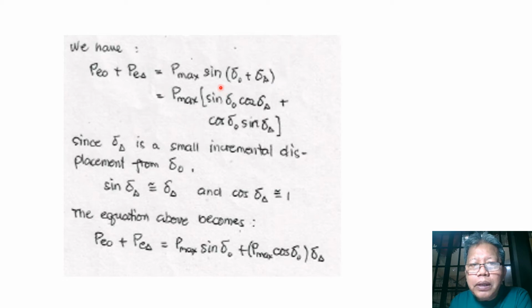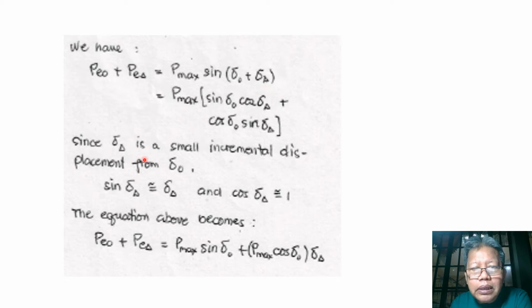We expand this term, sine of delta O plus delta delta, so that the right side becomes P max times the sine of delta O, cosine of delta delta, plus cosine delta O times sine delta delta. So this is the expansion of sine delta O plus delta delta.